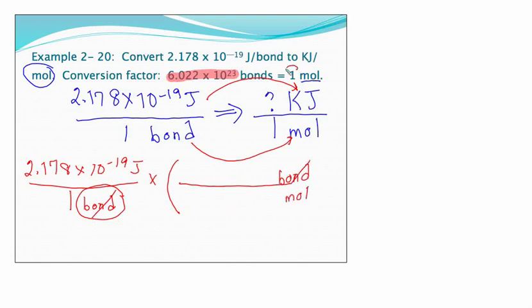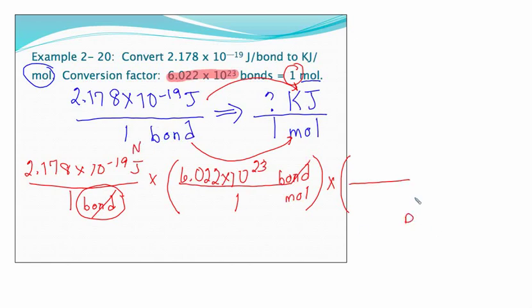And I want to convert bonds to a mole of bonds. And my conversion factor says that for every 1 mole, so I'm going to put the 1 in front of the mole, I have 6.022 times 10 to the 23rd bonds. So if I stopped, I'd have joules per mole. But it asked me to take it one step further and get to kilojoules. So I've got joules now in the numerator.